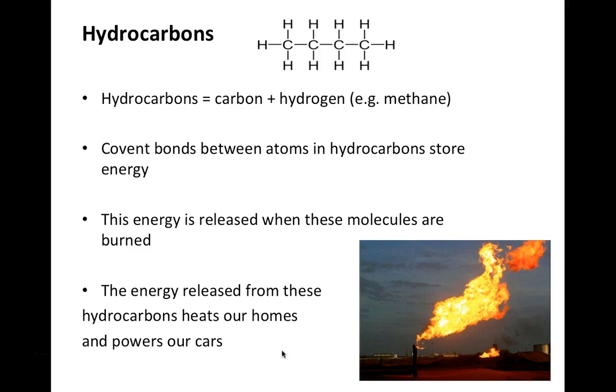We rely on using that heat energy to power our cars and to power our furnaces. In industry, we rely a lot on releasing that chemical energy from the single bonds in these hydrocarbons.